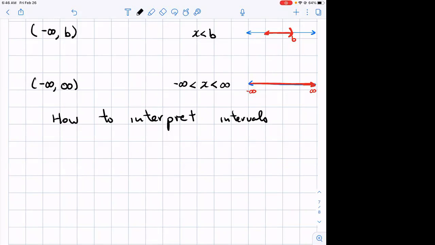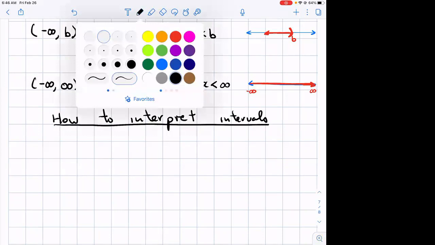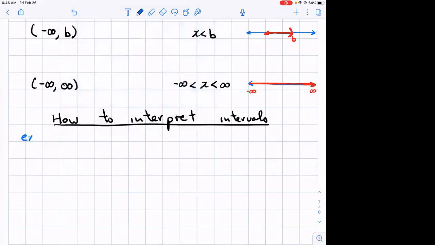For example, what does the interval (-1, 0) mean?